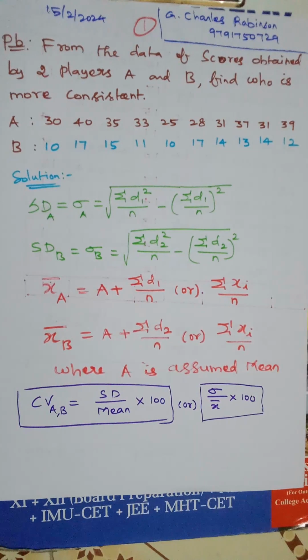This is the most suitable tool to find who is the more consistent player or who is the more consistent student. So let us use the tool called coefficient of variation from statistics. Very interesting problem. We can solve one problem using that tool.